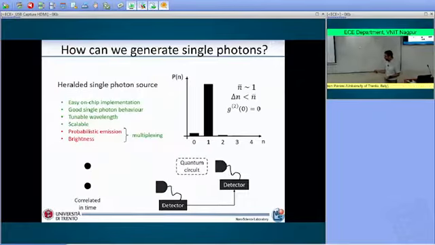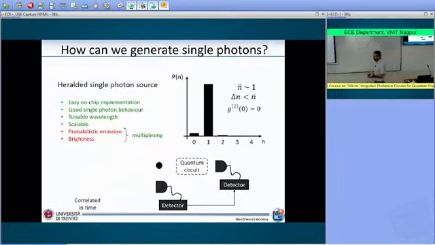So then I have a detector, and then I have a quantum circuit. Then what I'm doing is the following. Yes. So then what I'm doing is that I'm using one of the two detectors to measure the presence of the other photon. And so what it means is that now the measurement of this photon that is coming from the correlated photon pair is heralding to the other detector that inside the circuit is coming one photon.